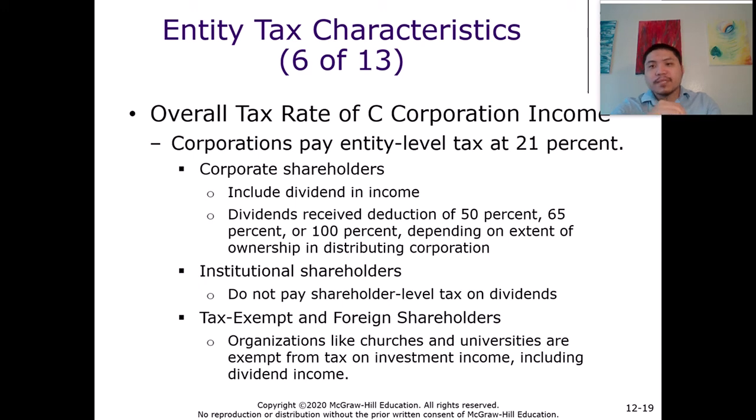If company A owns more than 80% of company B, then company A can exclude 100% of the dividend that they receive from company B, right? Meaning they don't have to pay tax on that, right?